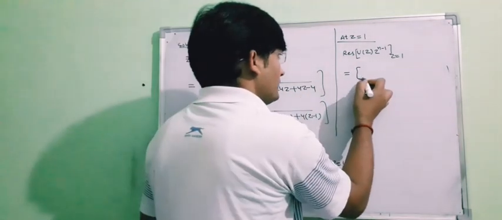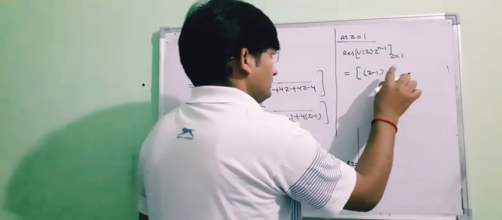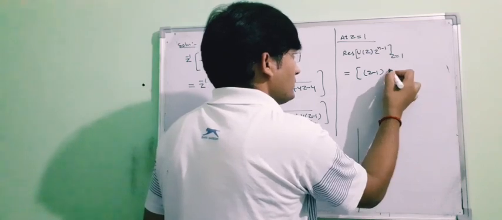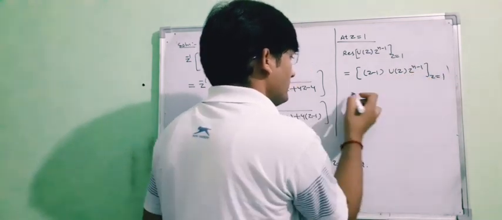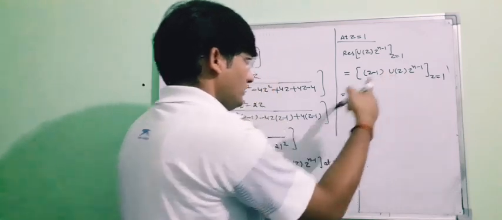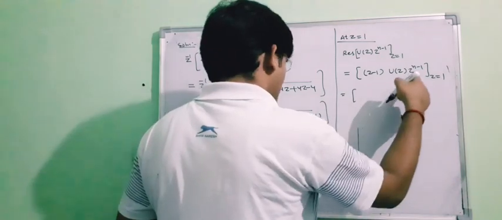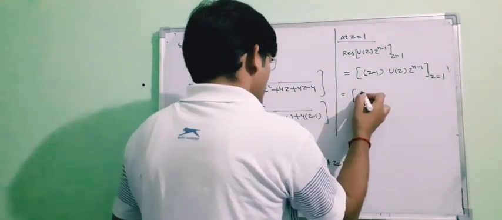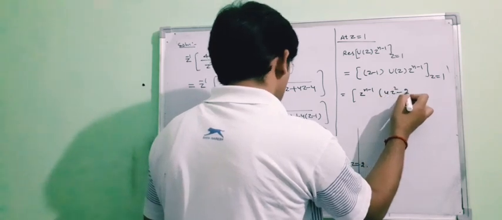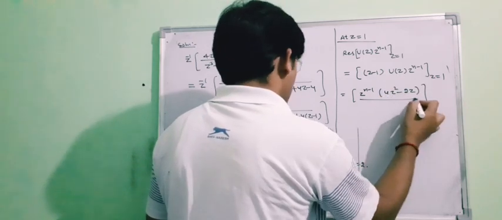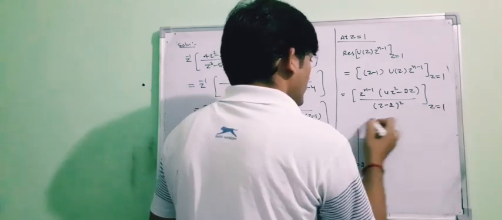So if you multiply the function by (z minus 1), then this will be basically (z minus 1) of U(z) into z^(n-1), and the value at z equal to 1. Now put the value of U(z). So this (z minus 1) will get cancelled and we will have z^(n-1) of (4z square minus 2z) divided by (z minus 2) whole square, and this value at z equal to 1.